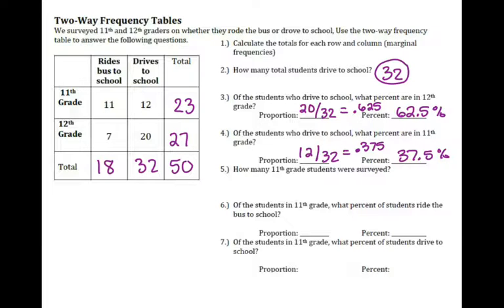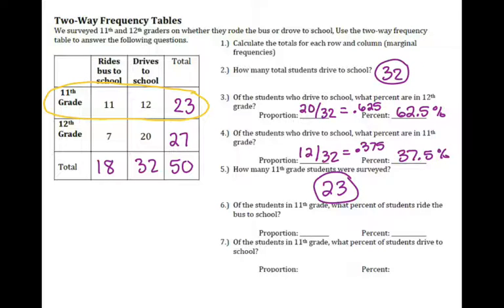So number 5, how many 11th grade students were surveyed? So I'm going to take my total for 11th grade. That's this right here, 23. Of the students in 11th grade, so now I'm just looking at the students in 11th grade. Of those students, what percent ride the bus to school?